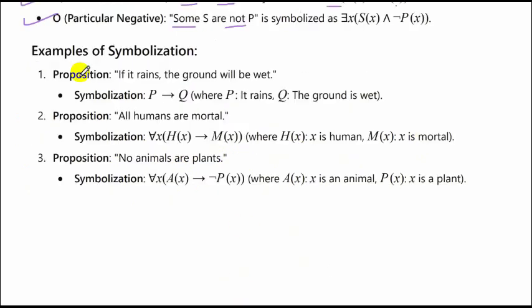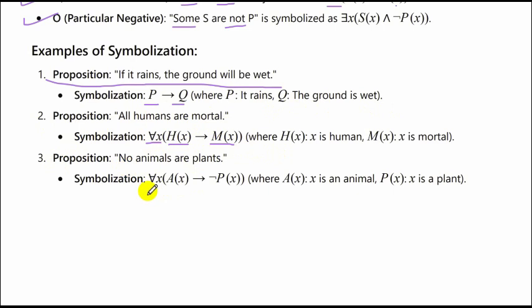Let's look at the examples of symbolization. Proposition, if it rains, the ground will be wet. That is, if P, then Q, where P is it rains and Q is the ground is wet. If P, then Q. Proposition, all humans are mortal. For all X, if X is human, then X is mortal. Proposition, no animals are plants.